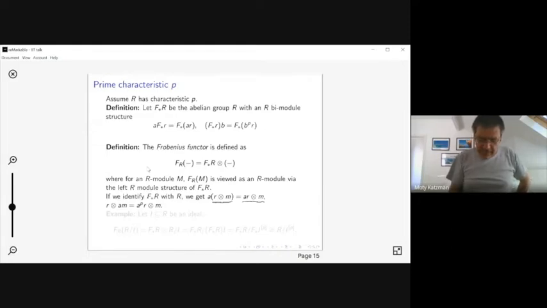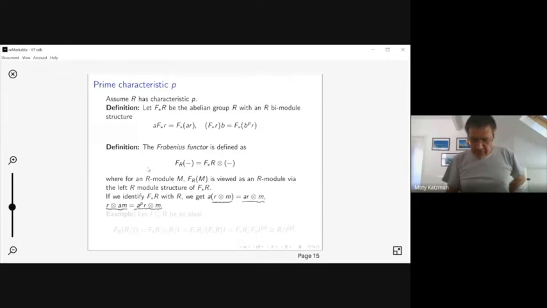On the other hand, you can also multiply R tensor M by A by multiplying M by A, in which case you get that. Now if you want to make this A jump over the tensor symbol, you have to remember that to define this tensor product you're using the right module structure of F lower star R. So when you make this A jump over the tensor, it becomes an A to the P.